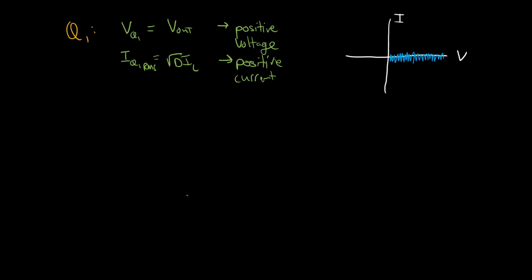And it needs to conduct some always positive current, right? So the current is always positive. So in some sense, the requirements are a single quadrant. This only occupies one quadrant. These two lines, the conducting line and the blocking line, encapsulate this quadrant over here. So we say that we need a one quadrant switch.